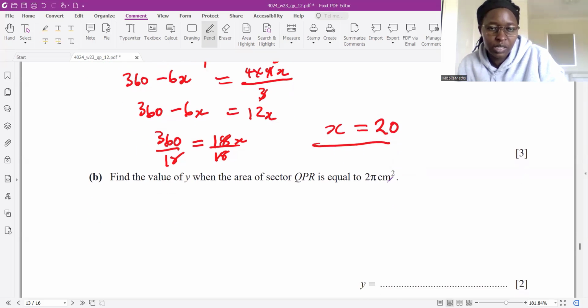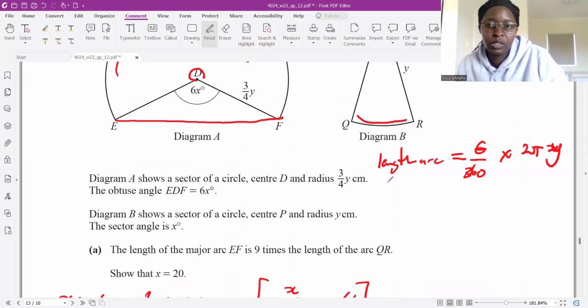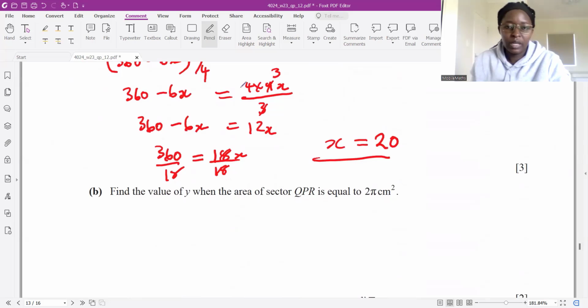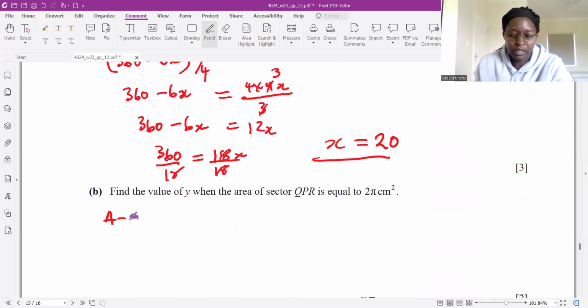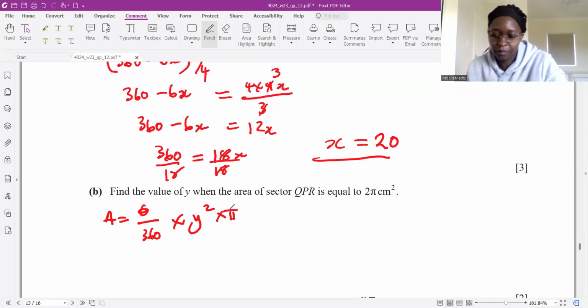Then the next question is saying find the value of y when the area of the sector QPR is 2 pi. So area for a sector is equal to theta times y squared times pi.